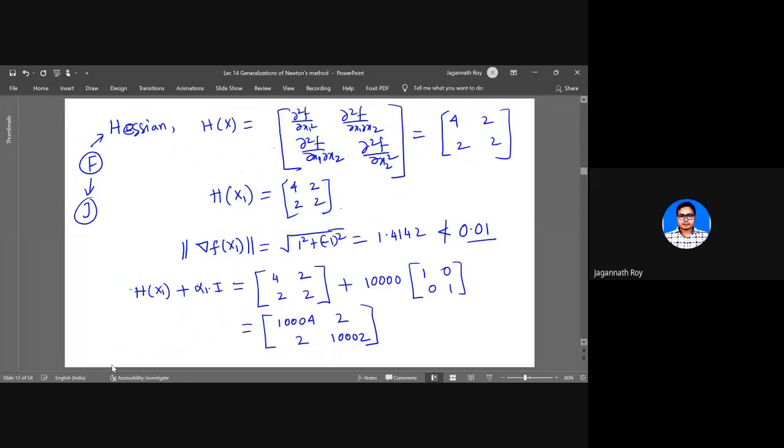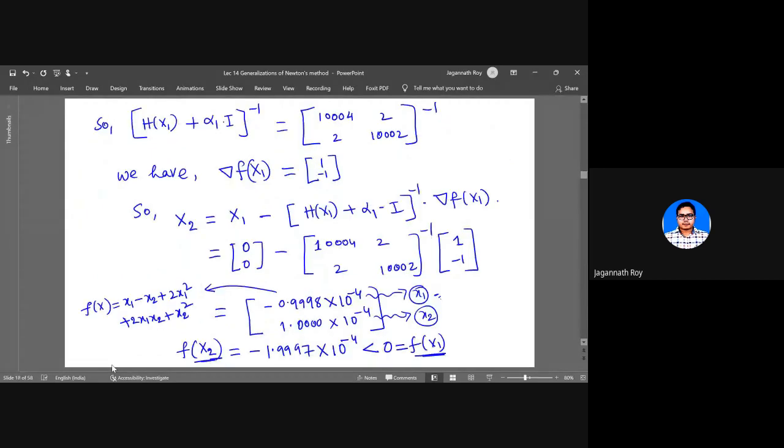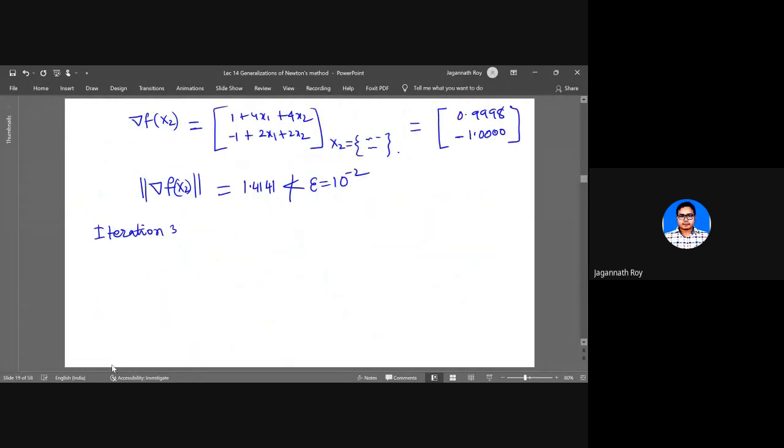Okay, iteration 1 done, let us call this iteration 2. So what we have to do now? First, we already have found the gradient at x2. Then we have to find the Hessian at x2. It will remain the same: 4, 2, 2, 2.